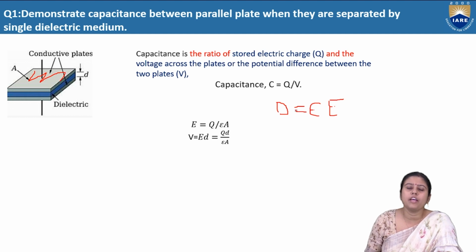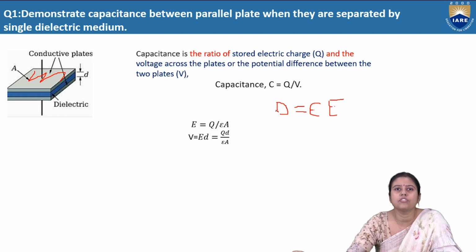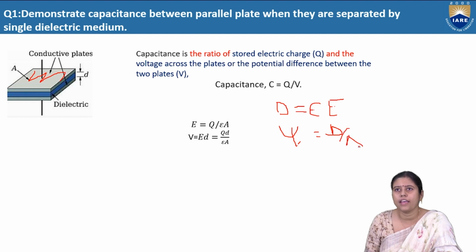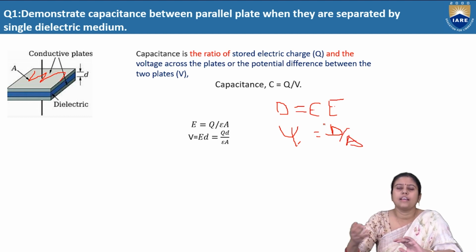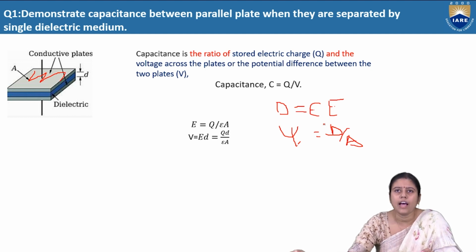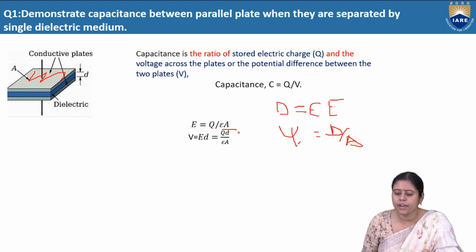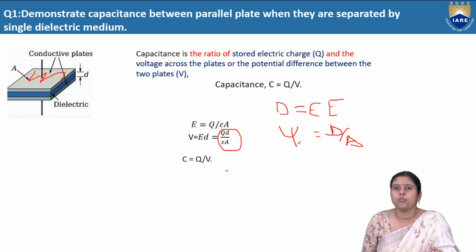So what is E? E is equal to D by epsilon, and according to Gauss law, what is the electric flux psi? Electric flux psi is equal to D into A. So we can write the electric field E is equal to psi by A. What is voltage? Voltage is equal to E into d. So we can write it as Q d by epsilon A. What is C?